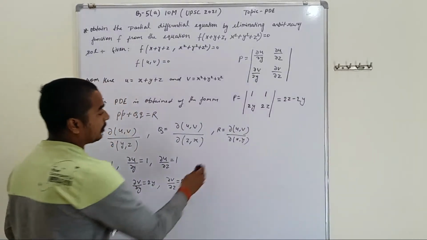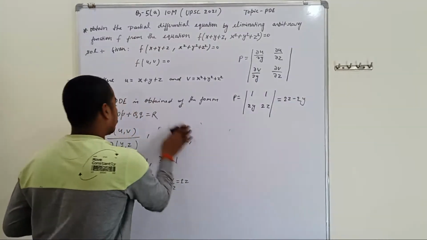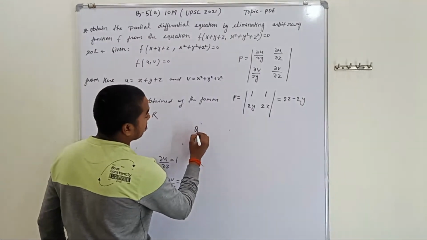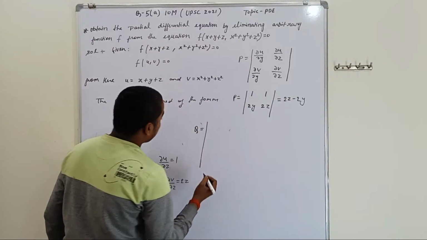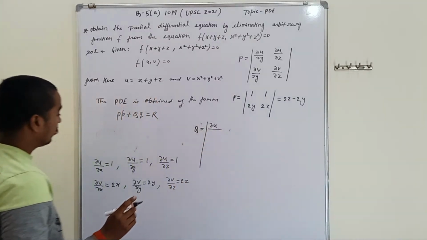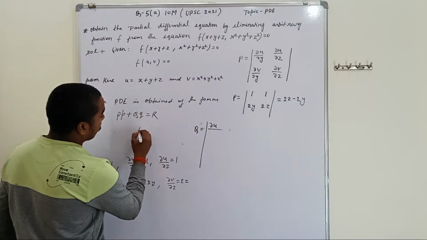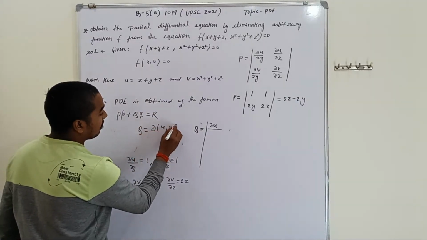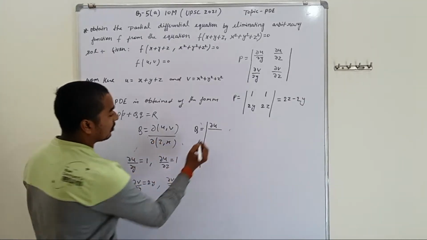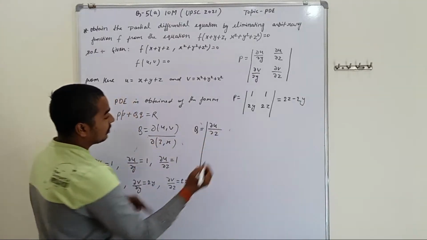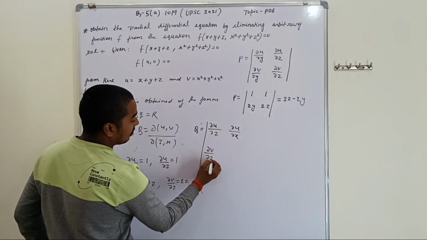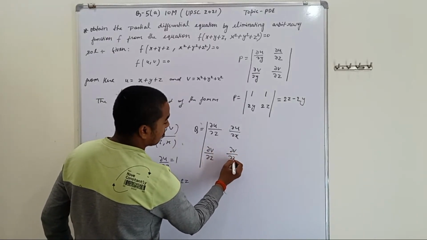Now we have to find the value of Q. Q is given by del of (u, v) upon del of (z, x), that is del u upon del z and del u upon del x over del v upon del z and del v upon del x.